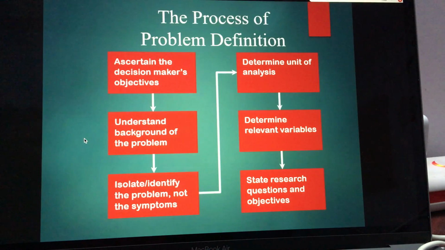Understand the background of the problem എന്ന് പറഞ്ഞാൽ, what is that particular product, what is the market, and how long have you been selling this, and everything about the competitive products. You should have that kind of background information so that you know more about the problem.